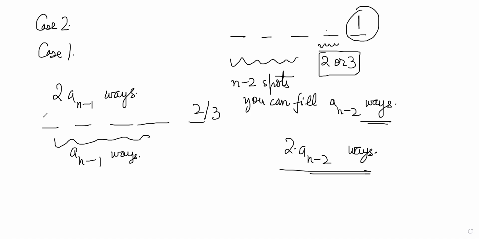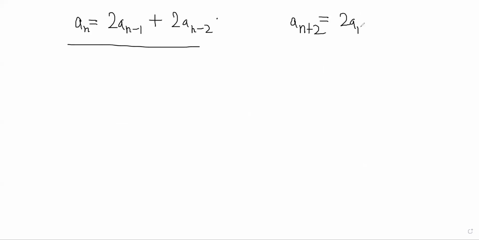So finally, using this logic, we are getting the simple recursion. An should be equal to 2An minus 1 plus 2An minus 2, right? This is a recursion of second order. You can put n as n plus 2 here. An plus 2 becomes 2An plus 1 plus 2An.